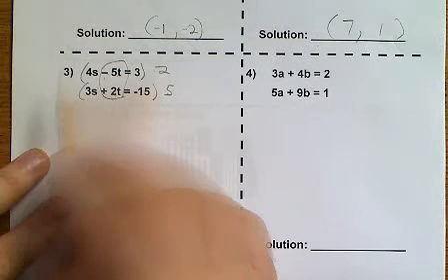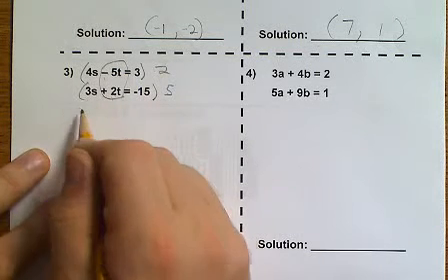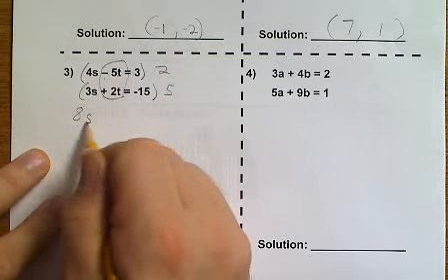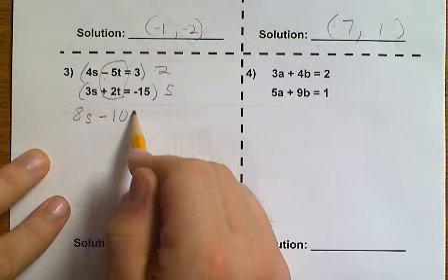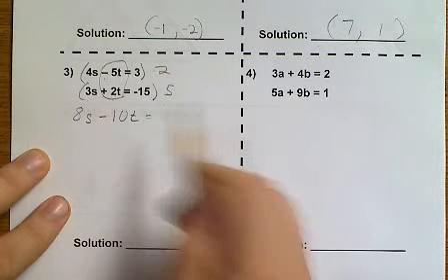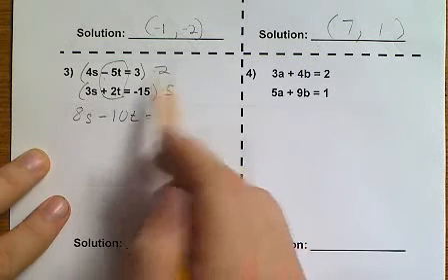So let's go ahead and do this multiplication. 2 times 4 makes 8s minus 2 times 5 is 10t equals 2 times 3 is 6.